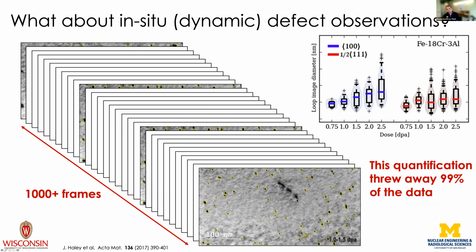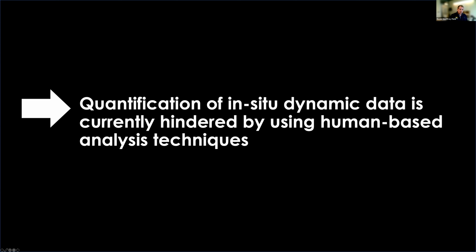There's a very intrinsic data scale problem, which comes to my point here: quantification of in situ dynamic data is currently hindered by human-based analysis techniques. So you can start thinking about ideas on how to improve that.